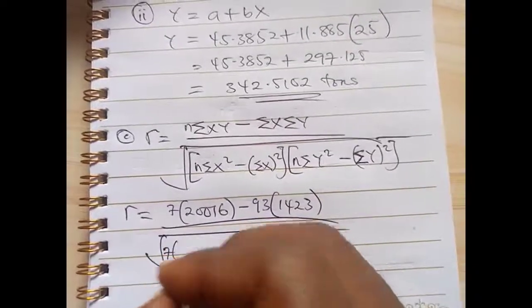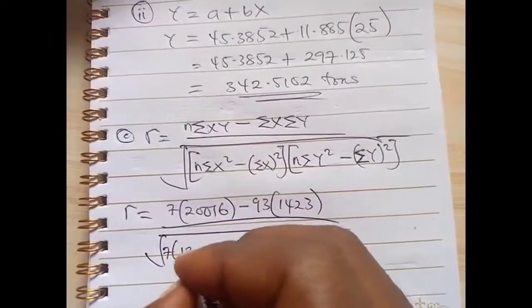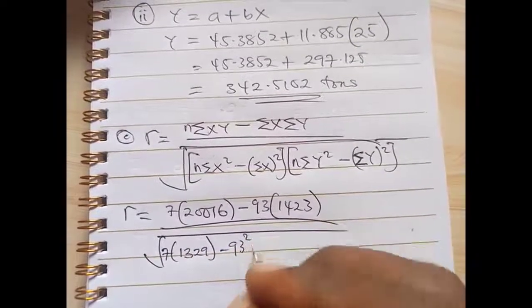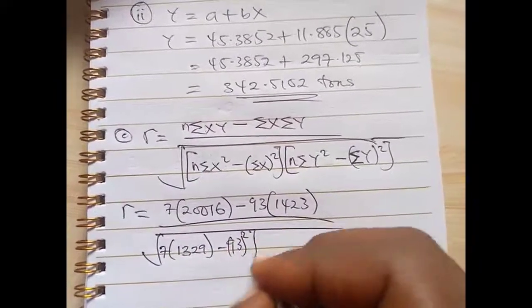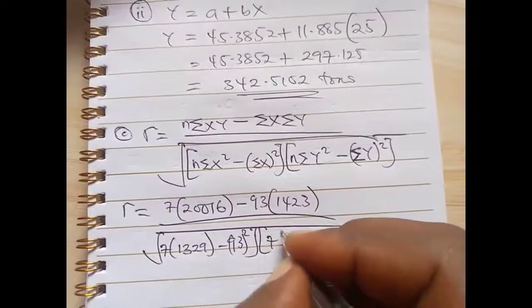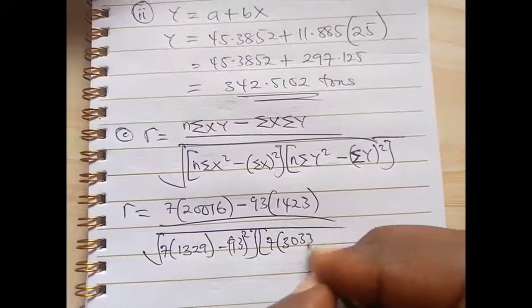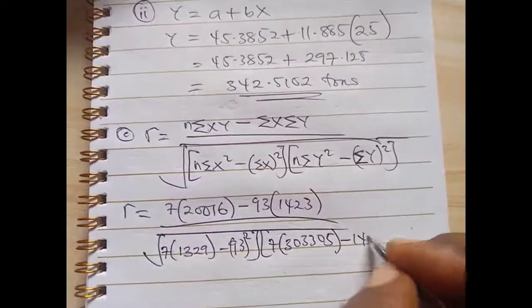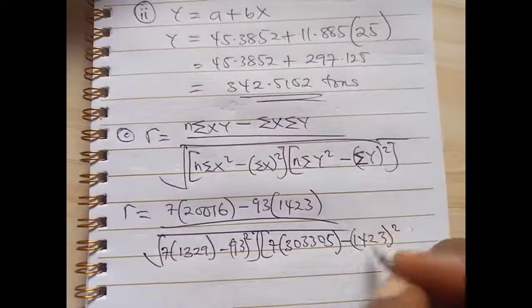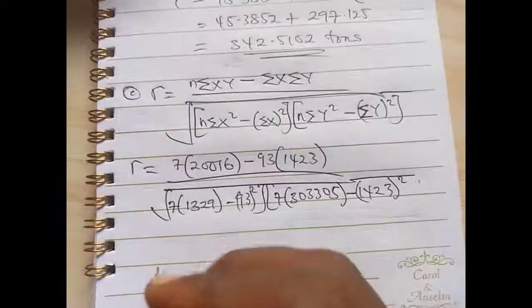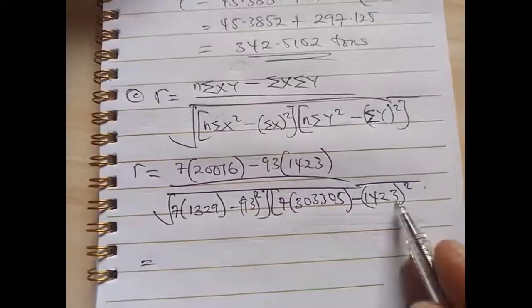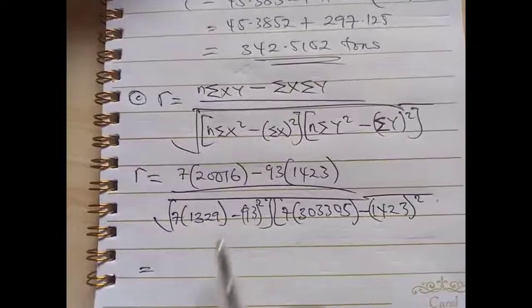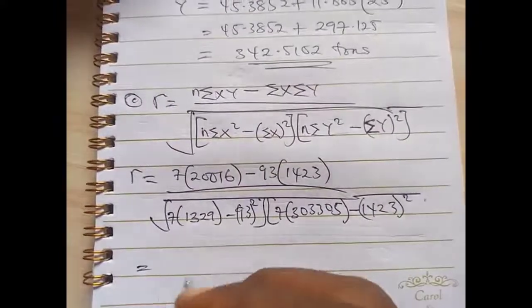So we have 7 into 1329 minus 93 squared, into 7 into 303305 minus 1423 squared.